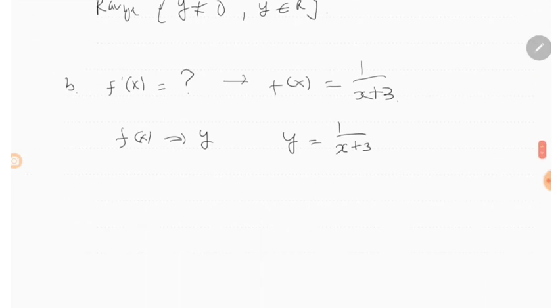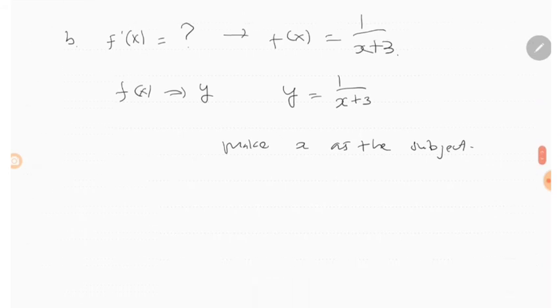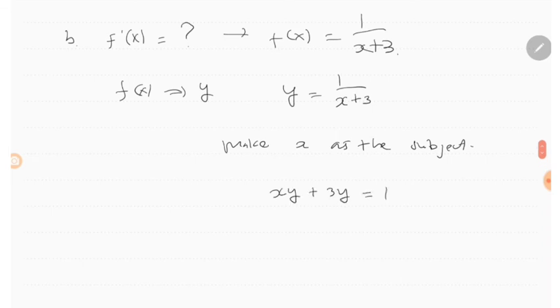After that, you make x the subject. How do you make x the subject? You cross multiply, so you have xy plus 3y equals 1.